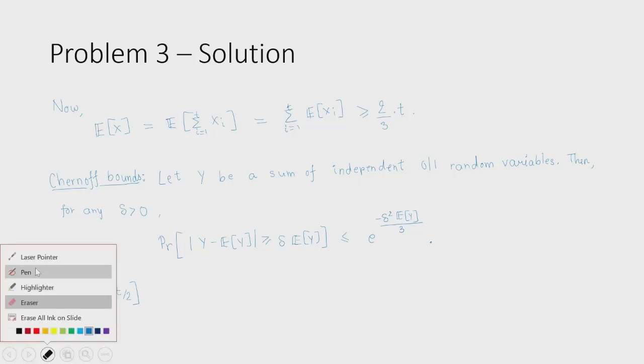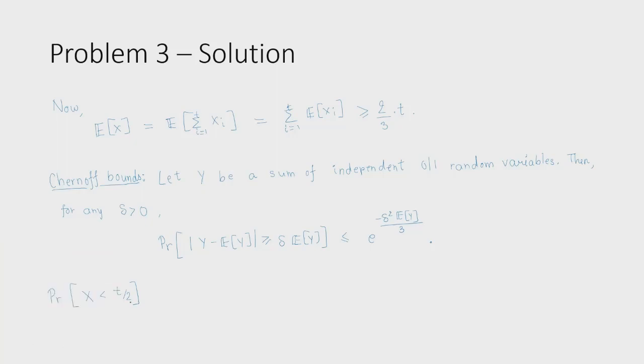So we want to say that with very high probability, at least half of the iterations would accept. That is, with very high probability, less than half of the iterations would reject x. So probability x is less than or equal to t over 2. This is what we want to upper bound, right? Is this fine?